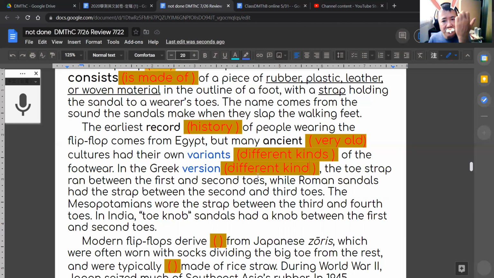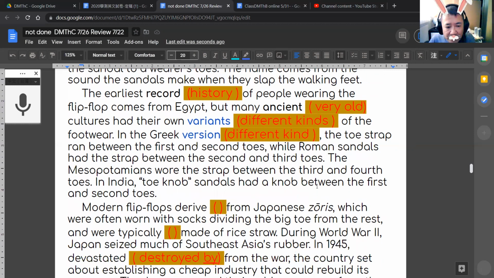Okay, so if this is my foot, the Greek variant had the strap in between the first and second toe, and the Roman version had the strap between the second and third toe. Okay? The Roman, that's right, okay.